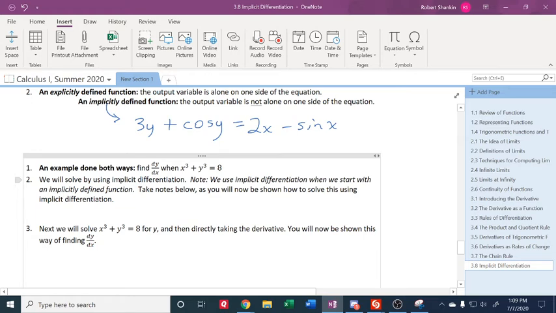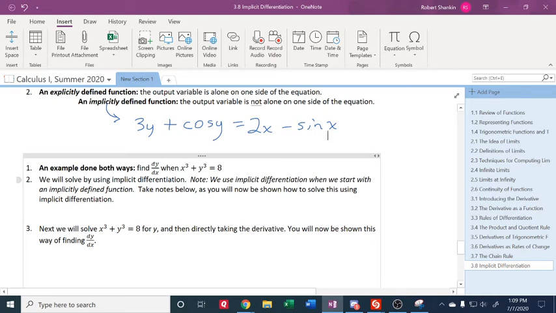All right. Now, I'm starting with this one because this is an implicitly defined function that could easily be turned into an explicitly defined function. So I'm going to be able to solve this two different ways. I'm going to solve it first using the technique of implicit differentiation.